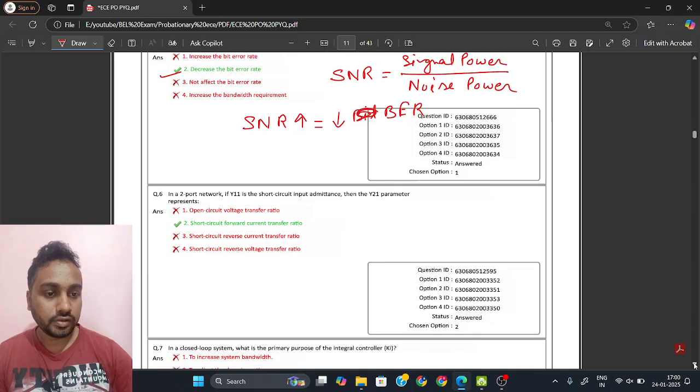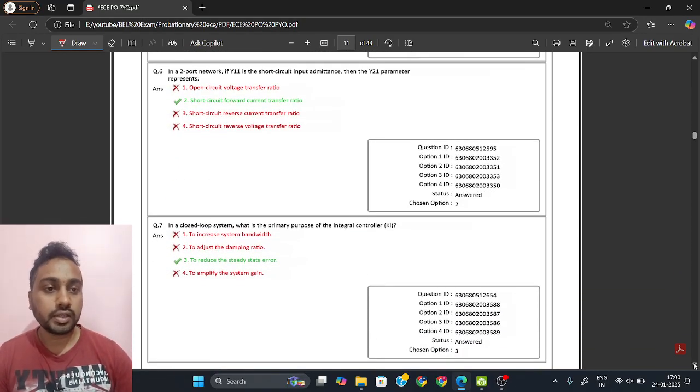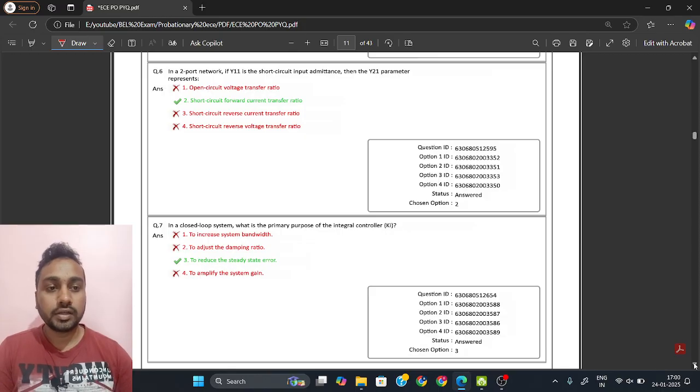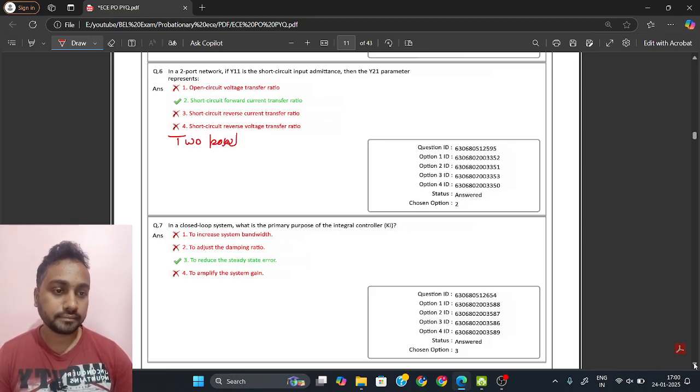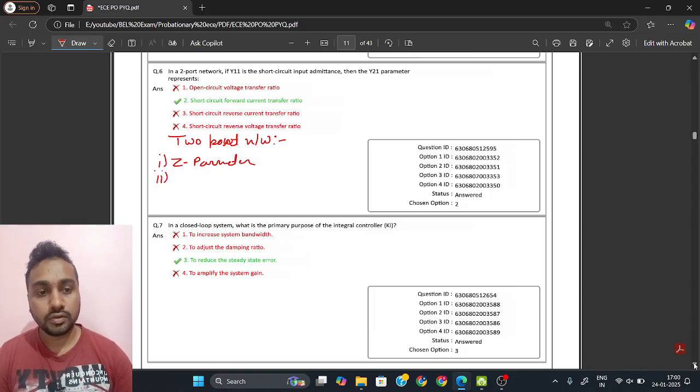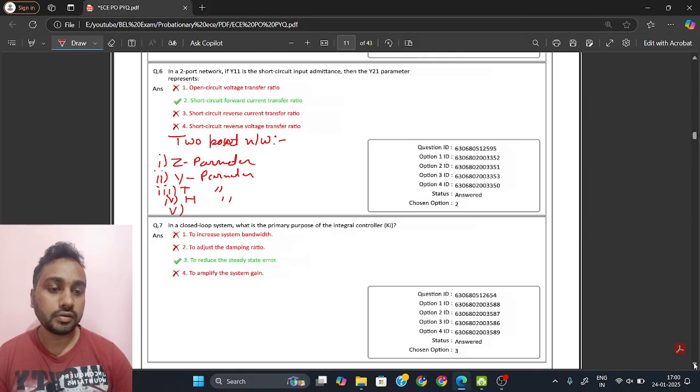Okay. Now the next question: in a two-port network, if Y11 is the short circuit input admittance, then the Y21 parameter represents... So generally in a two-port network, we have some parameters like Z parameter, then we have Y parameter, then we have T parameter, H parameter, and G parameter.